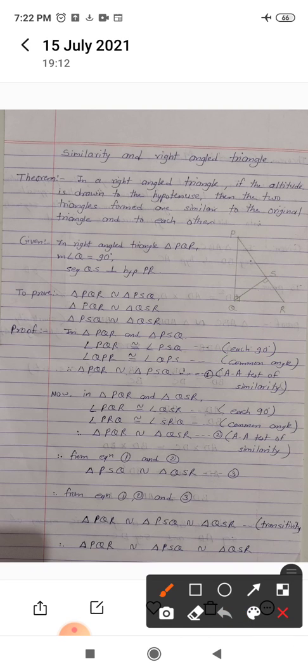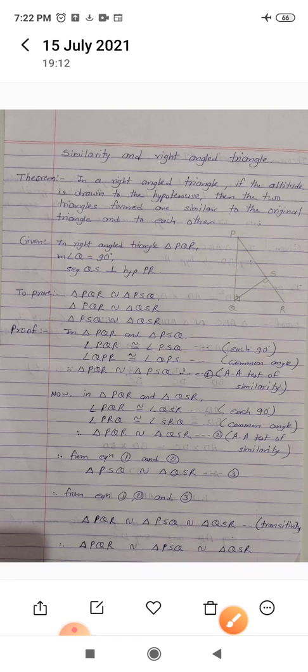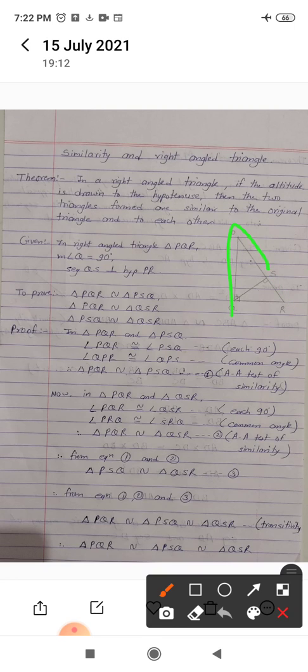Then go for common angle. In the first triangle, the angle P is QPR, and in this second small triangle QPS. So here I write common angle. We get here two angles congruent. Therefore, by using the angle test, here I create this one by one correspondence.